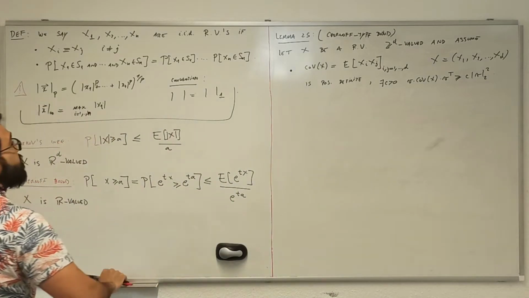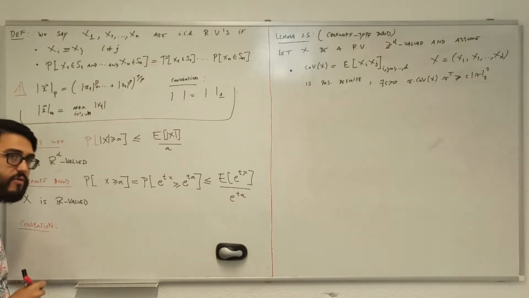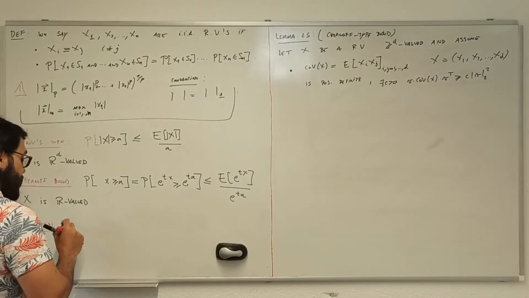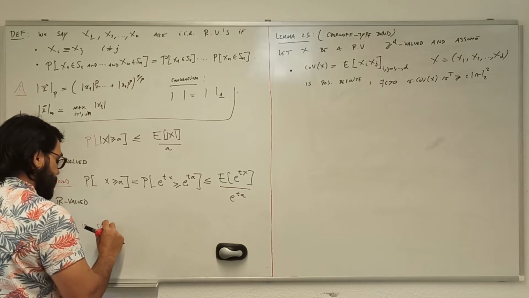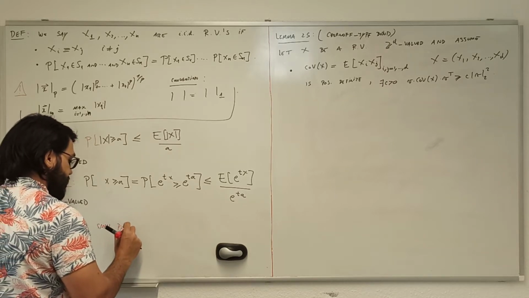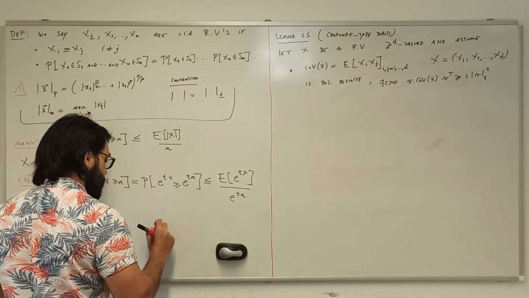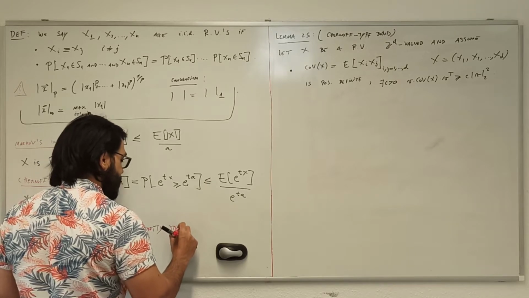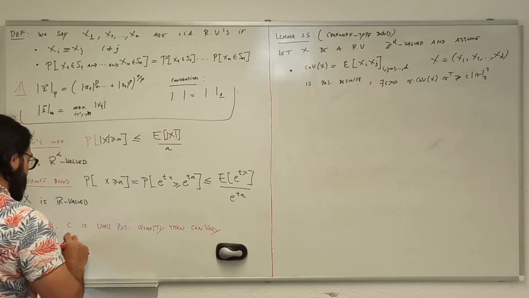And I will use another convention here, and maybe I will use this convention throughout the whole series of parts of this lecture: whenever you see C, it is a small positive quantity that can vary from line to line.